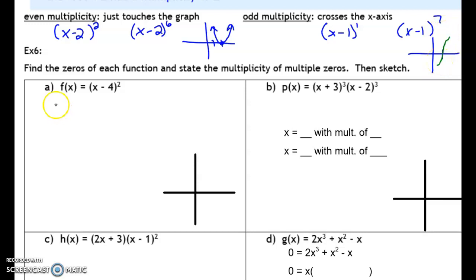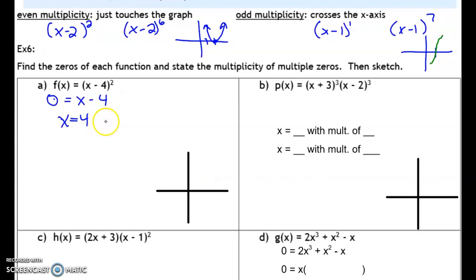All right, so first thing, just set these equal to 0, as we've been doing. Now, since we have a repeated root, we don't need to write it twice. We can just set one of them equal to 0. So we say x equals 4 with multiplicity of, and then look at the exponent. That's where we get our multiplicity number.